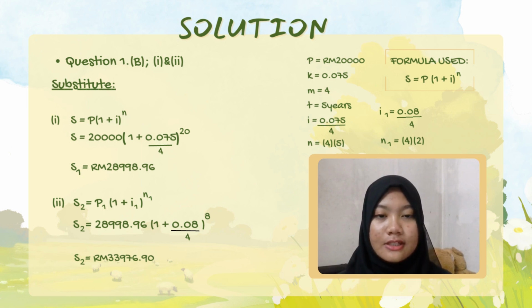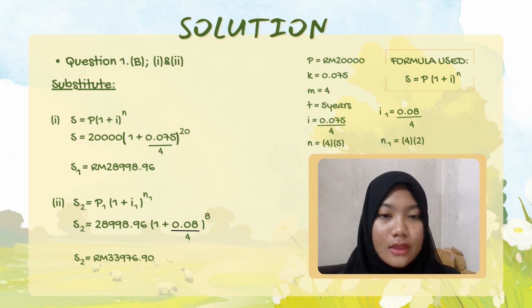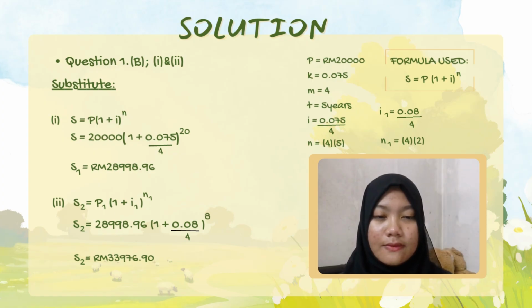Now we need to substitute these numbers. In question 1, we get S equals 20,000 in bracket 1 plus 0.075 divided by 4, to the power of 20.